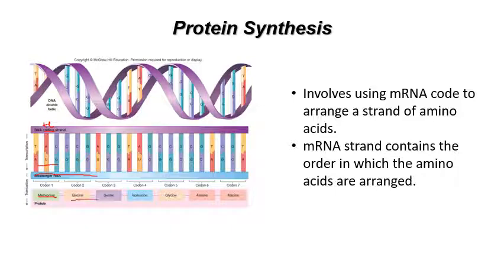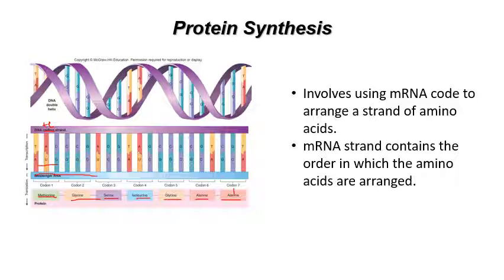These are the amino acids here: glycine, serine, isoleucine. I'm not going to make you memorize all these amino acids. That's for biochem class, but realize that these have different R groups, right? And that gives the characteristic of the amino acid and also allows for the proper folding of the protein.